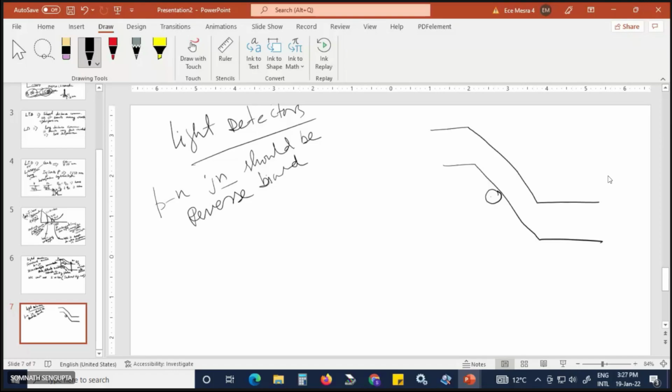The electron should stay in the valence band. Now if light falls on it, then this electron will gain energy and go to the conduction band. So we'll get an electron hole pair.